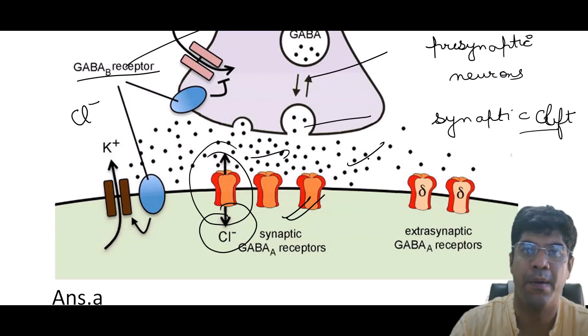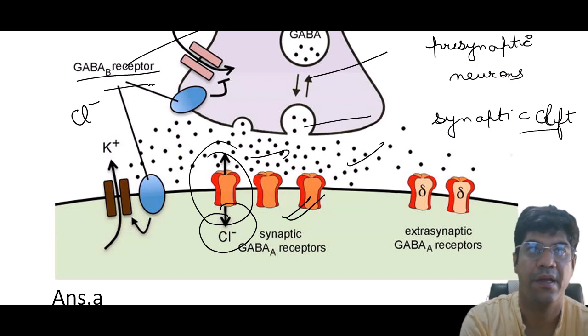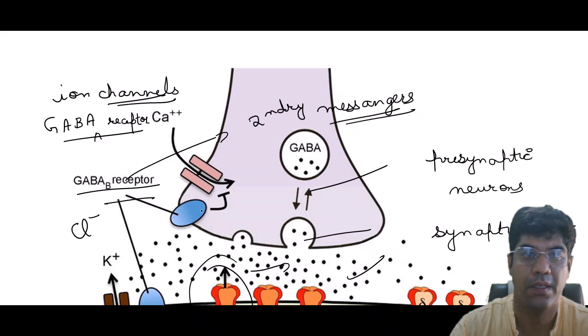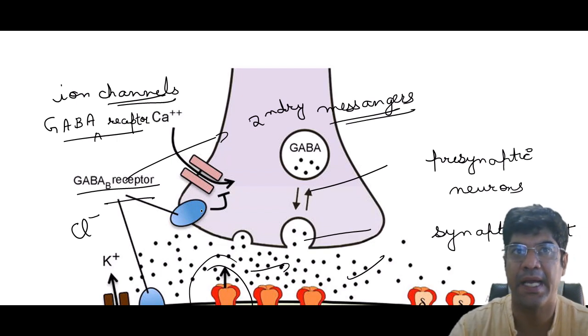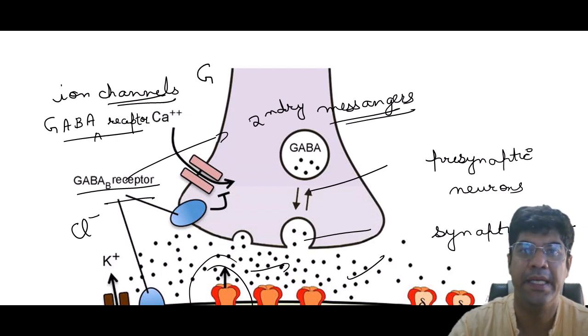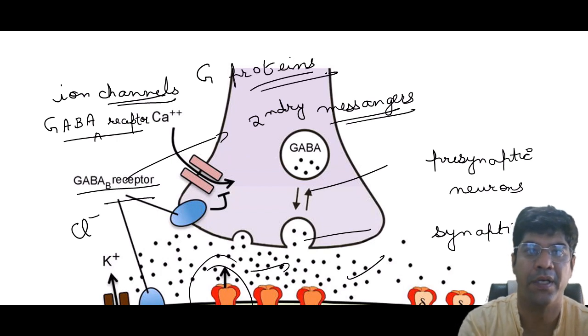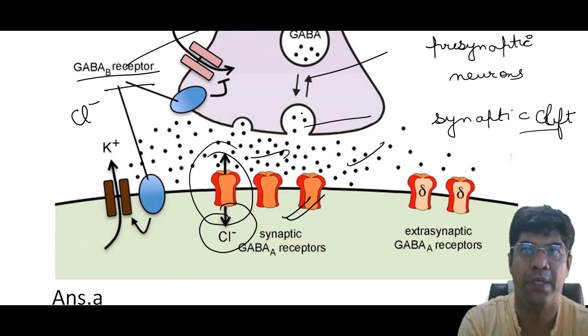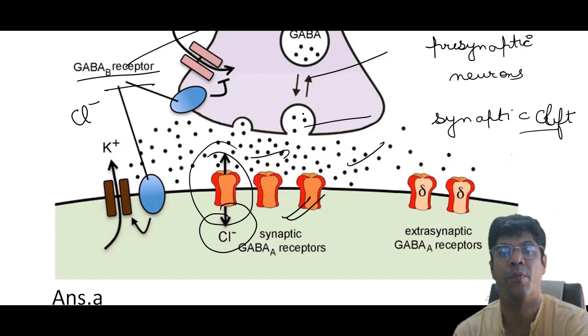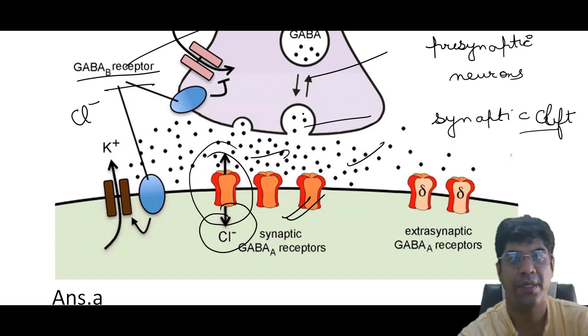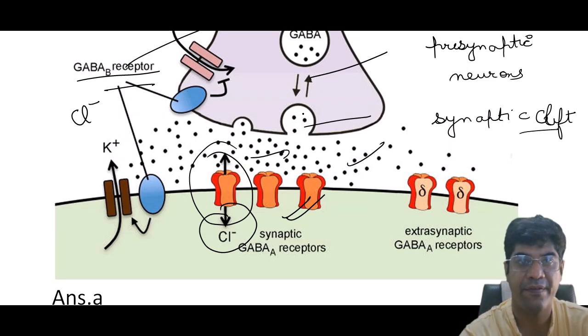Similarly, there are GABA B receptors. When GABA binds to GABA B receptors, it activates the G proteins, and it can cause opening of the potassium channels, allowing potassium ions to leave the neurons, making the inside more negative.